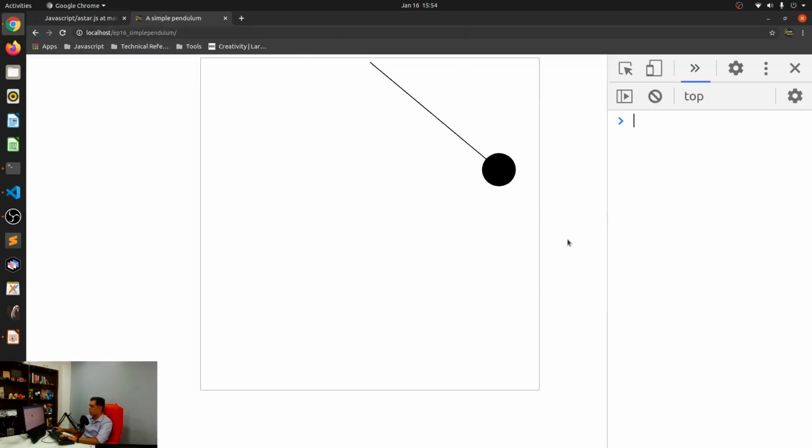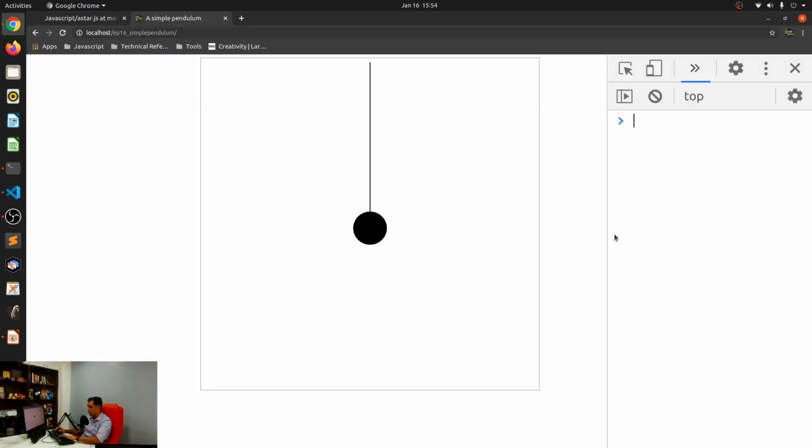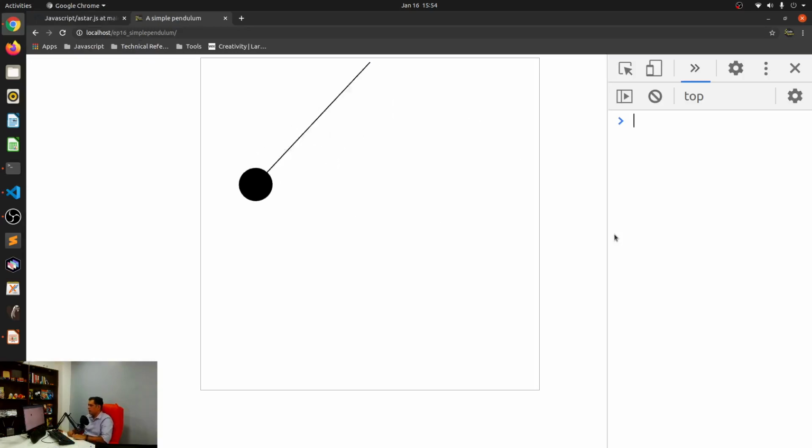Now let's see what happens. Oh, it immediately stopped. That's because it's almost as if this pendulum is in honey or in water or something. I'm going to say 0.9 and see what happens. Oh boy, even that. Okay, 0.99. All right, so there you go. So that's a very simple pendulum.